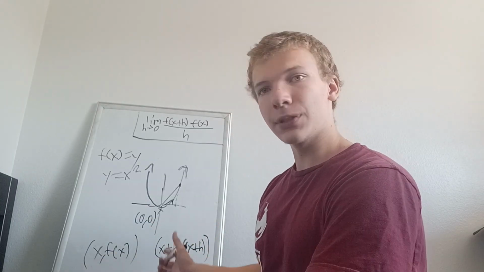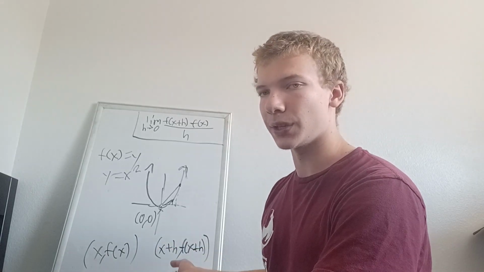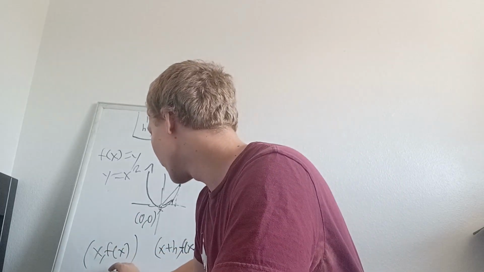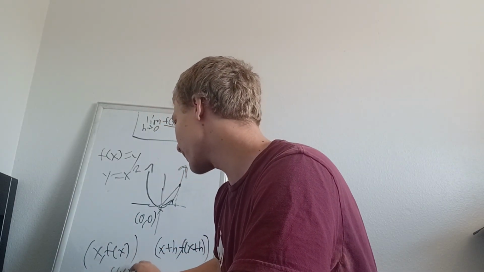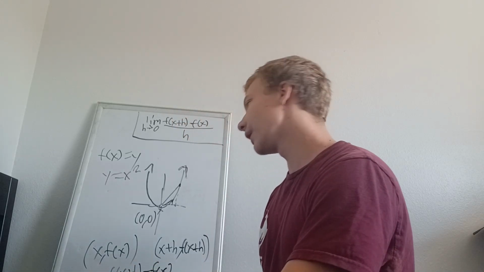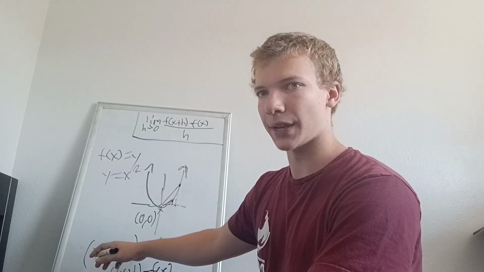So the average slope between these two points is going to be the change in rise. So it's going to be y2 minus y1, which is f of x plus h minus f of x, over the change in x, which is going to be x2 minus x1. We have x plus h minus x.